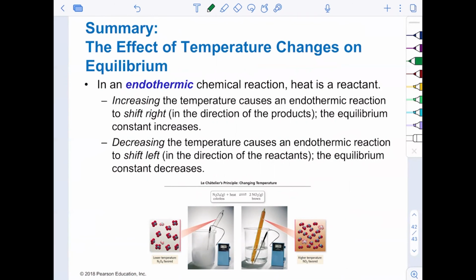Increasing that reactant of heat means that the reaction will proceed to the right, make more products. Decreasing the temperature of an endothermic reaction shifts the reaction to the left, towards the reactants. What I highly recommend involving heat, whether it's exothermic or endothermic, is to pop it in the balanced chemical equation as either the reactant or the product, and therefore treat it as such.